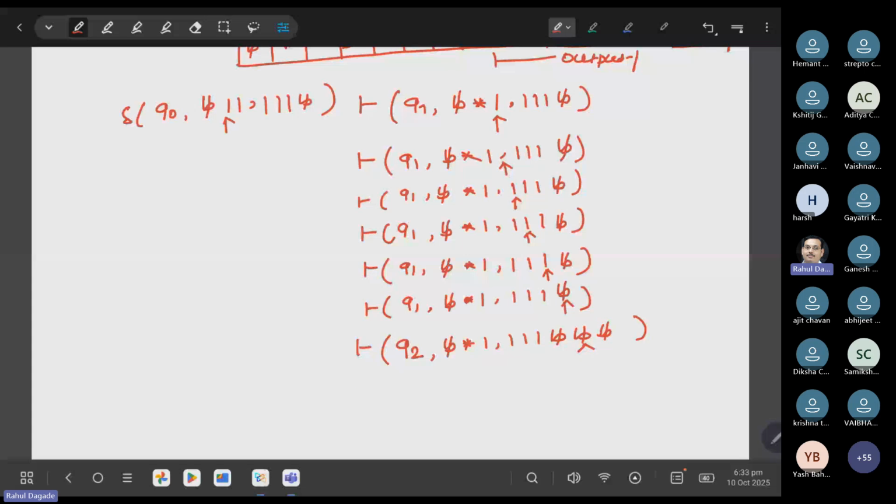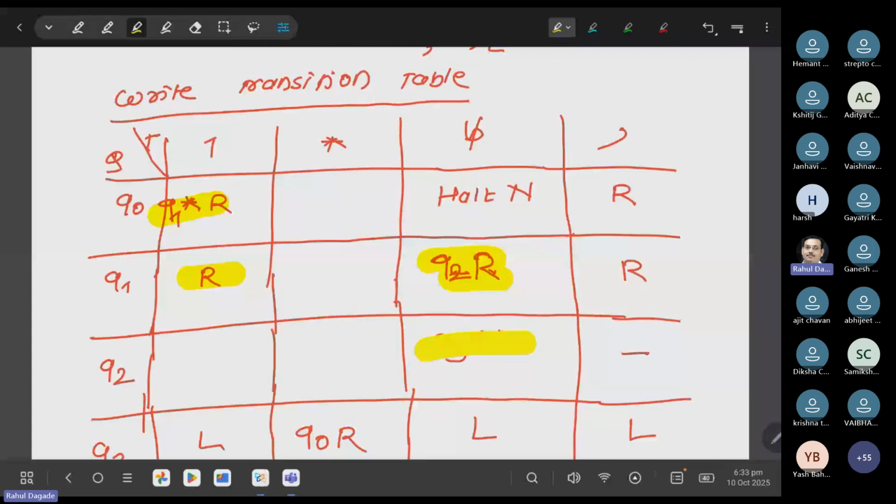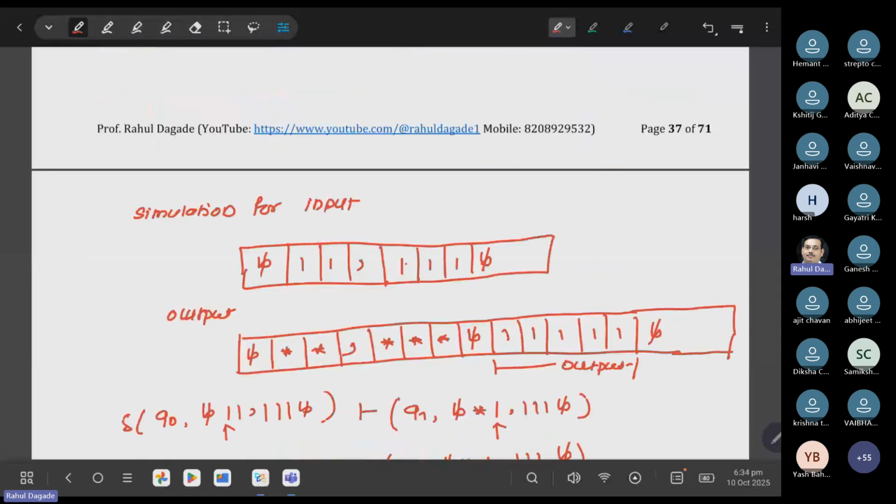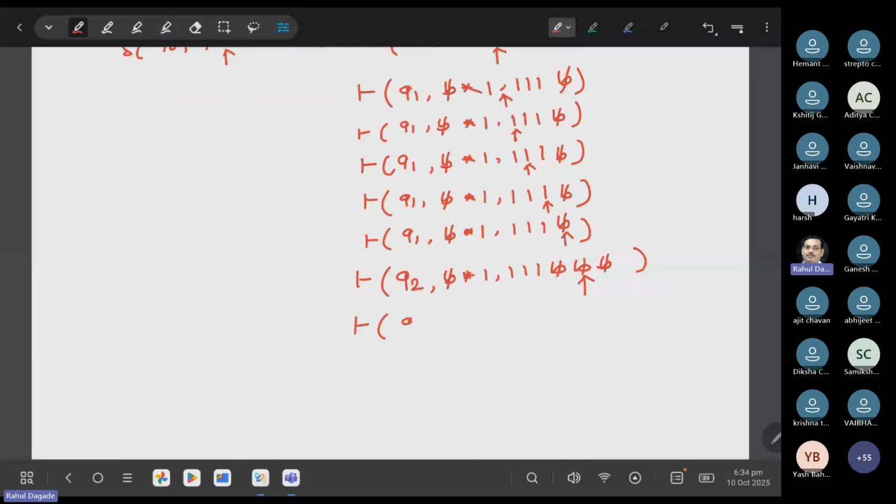So what is Q2 doing for the next blank? Q2 state on blank goes to the Q3 state, writes 1 to it and moves to the left. So it writes 1 to that blank. Now we are in Q3 state: blank star 1 comma 1 1 1 1 blank. This blank is converted into 1, and the pointer moves to the left.